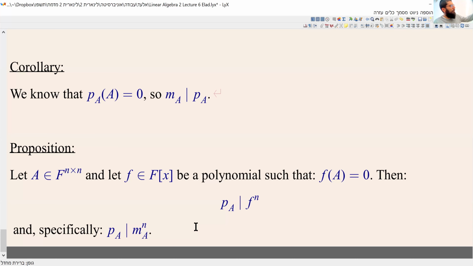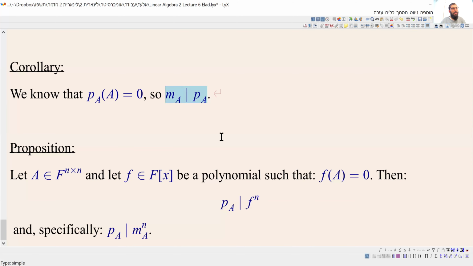Every element of the characteristic polynomial PA that corresponds to an eigenvalue appears in the minimal polynomial, because it is divided by the minimal polynomial.